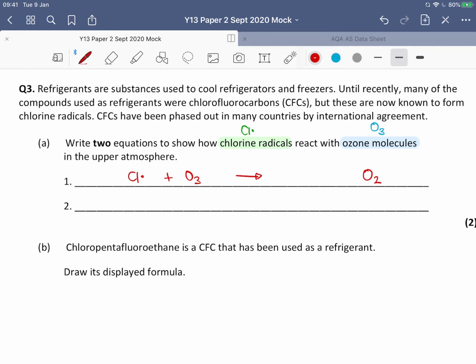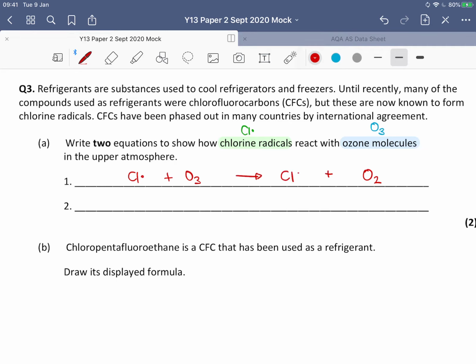So we're breaking it down into oxygen, and these are propagation steps. The fact it has a 1 and a 2 doesn't tell us explicitly, but it tells us these are propagation steps. Then in a propagation step, you always have a radical and a molecule on both sides of the equation.